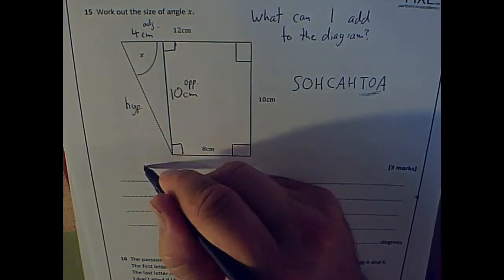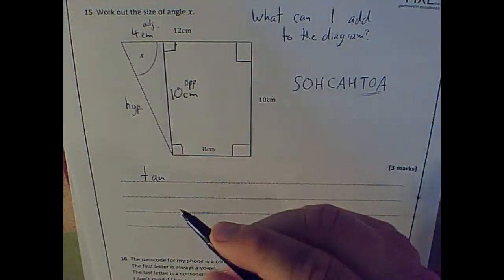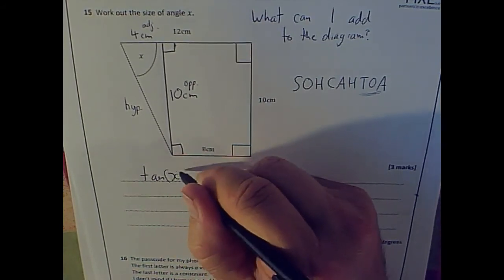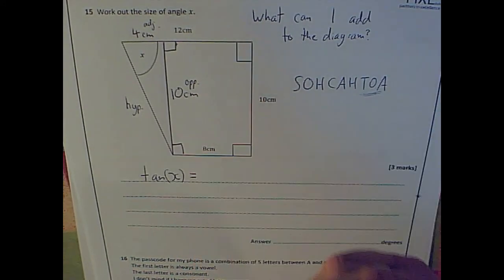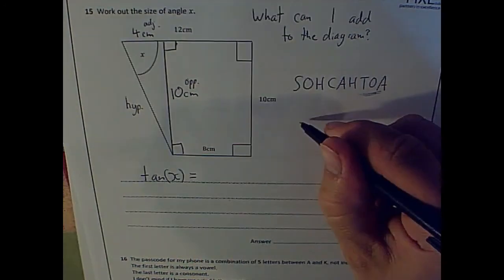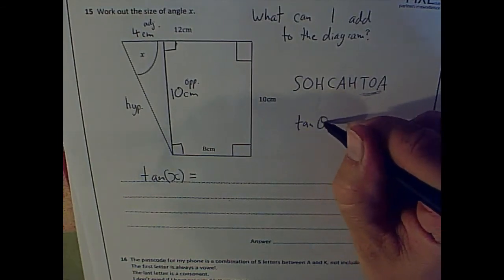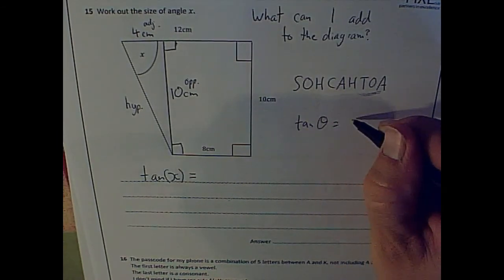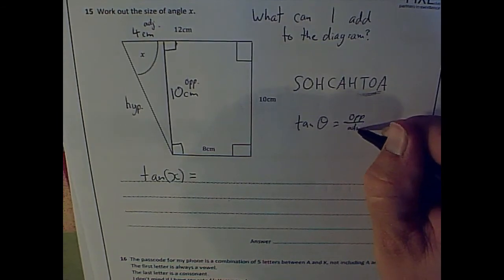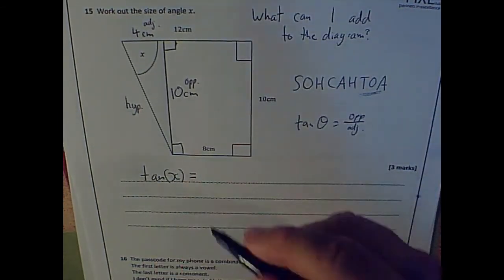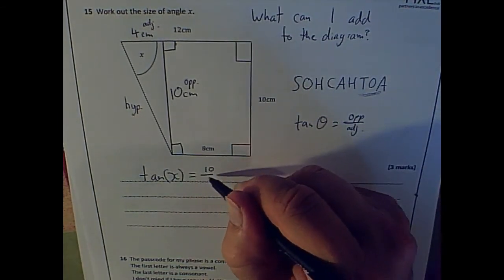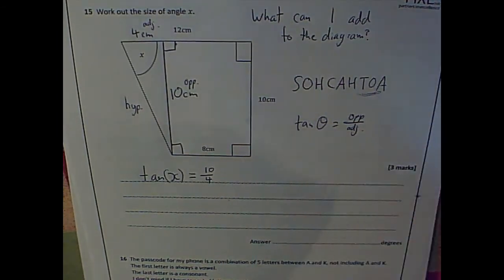Right, so tan of x equals opposite over adjacent. So tan of an angle equals opposite over adjacent. So tan of x equals 10 over 4.